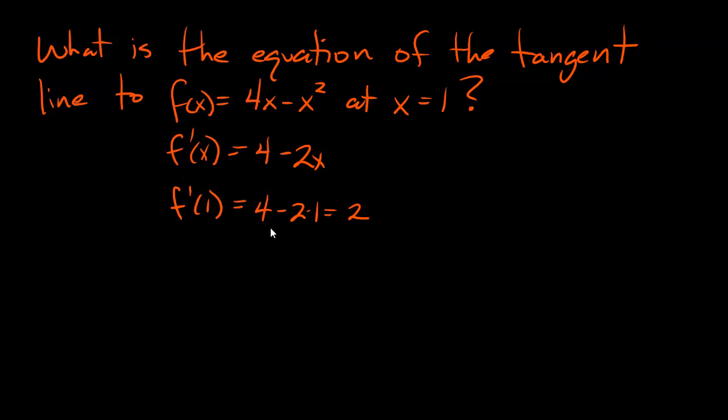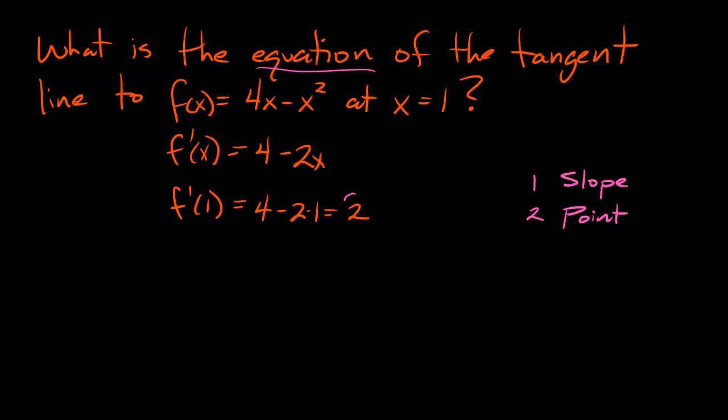I don't know if I want to call anybody for this one. Does anybody remember what two things we need to write the equation of a tangent line? We need a slope and we need a point.